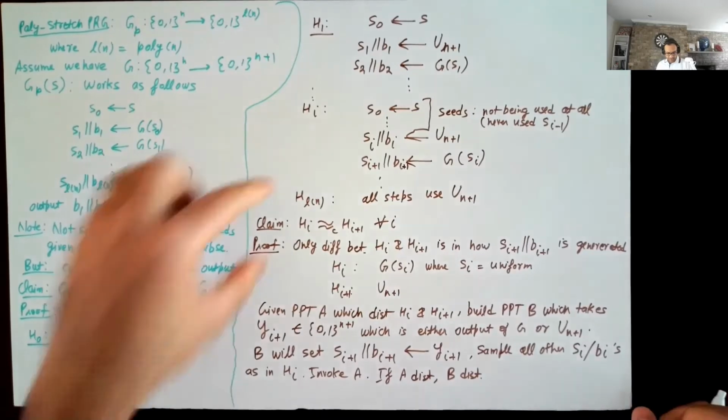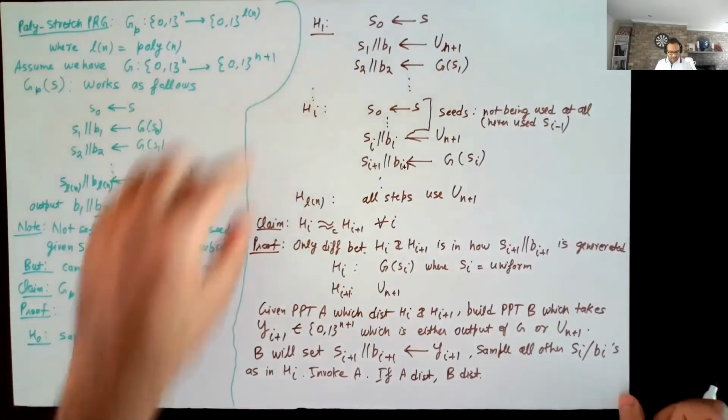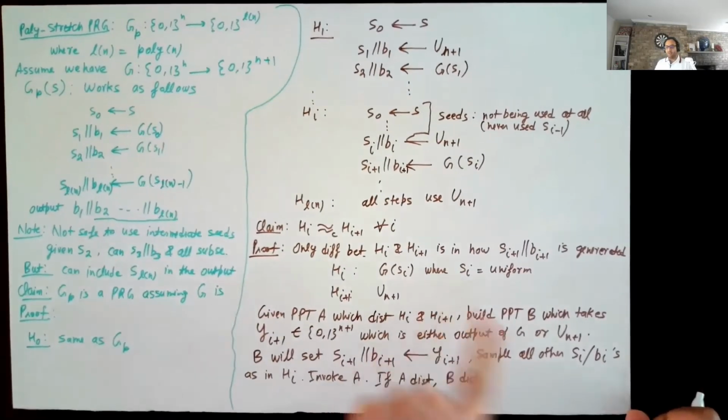If A can distinguish Hi and Hi plus 1, then B can distinguish the PRG output from a uniform output. And that essentially completes our proof.